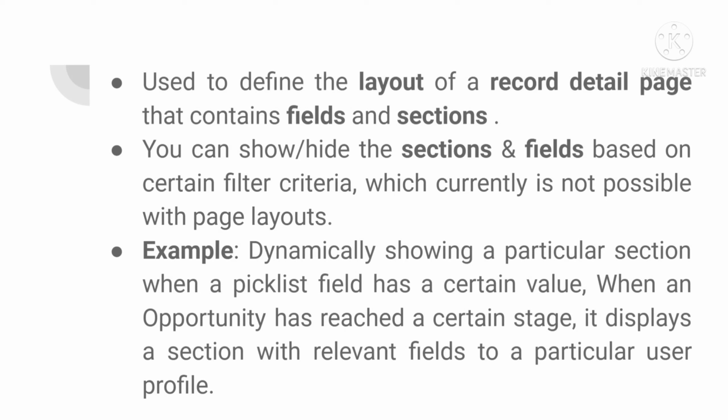Then you can use this to control the visibility of that particular section or field, using any field value of that record, what profile the user has, what profile the owner has, what role the user has, and what type of permissions they have.